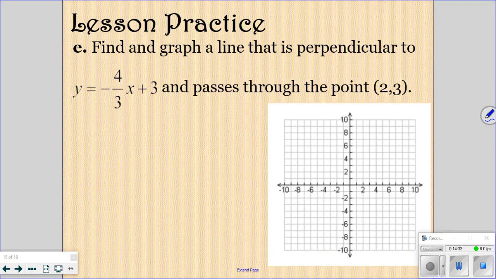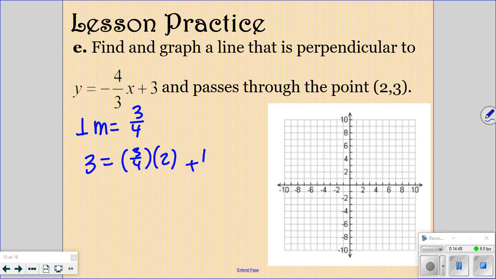we want to do the exact same thing, find and graph a line that is perpendicular and goes through the point (2, 3). So our perpendicular slope is going to be positive 3 over 4. So y equals mx plus b. And then if you multiply, you'll get 3 over 2, which if you want to make it 1.5, you can.